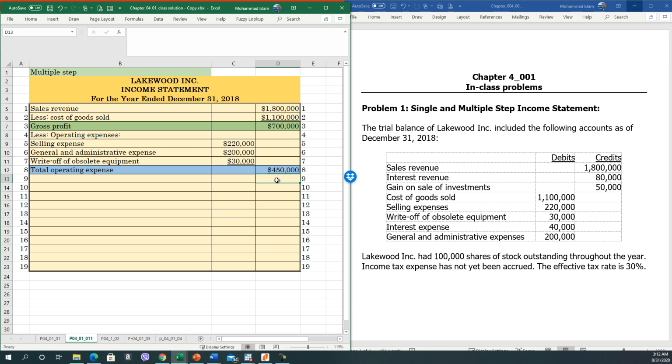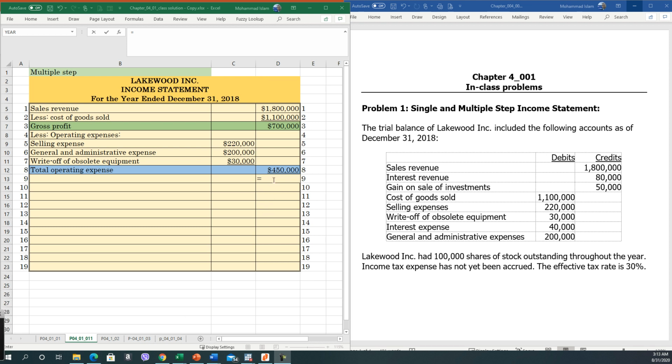After subtracting this operating expense total from the gross profit, we will have the operating income. So that should be equal to D3 minus D8. There is a font problem in my computer, sometimes it shows me the Chinese bar English.